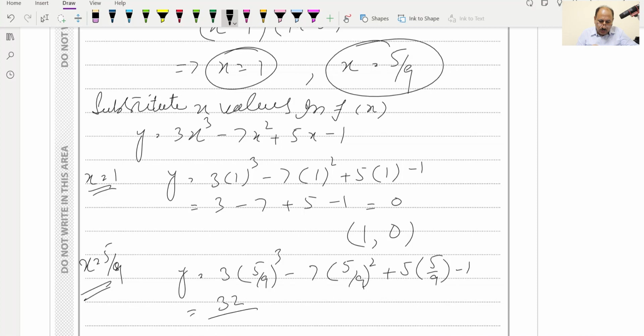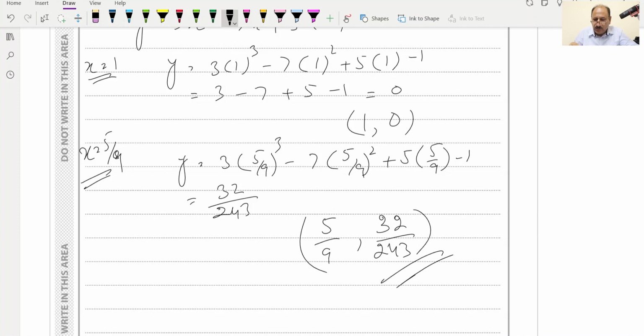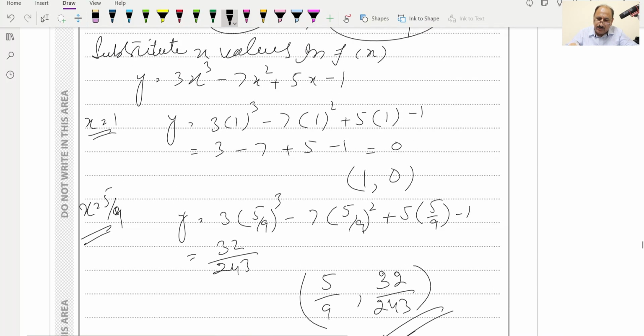So when we take the x value as 5 by 9, the y value is 32 over 243. So these are the 2 points: one is this one, and the second point is 1 and 0, which we got.